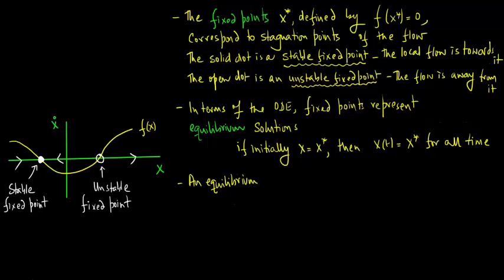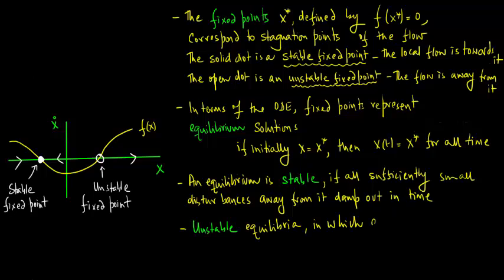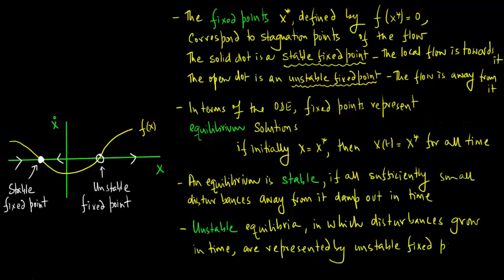An equilibrium is stable if all sufficiently small disturbances away from it damp out in time. Unstable equilibria, in which disturbances grow in time, are represented by unstable fixed points.